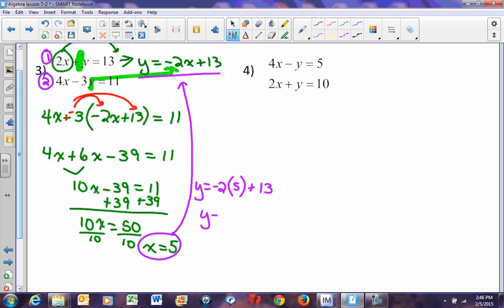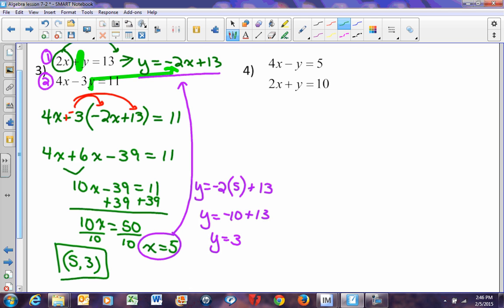So y equals negative 10 plus 13. So y equals 3. So the coordinate point that is the solution to this system is (5, 3). And again, if you're not sure, you could plug it back in and check it to make sure that it is accurate.